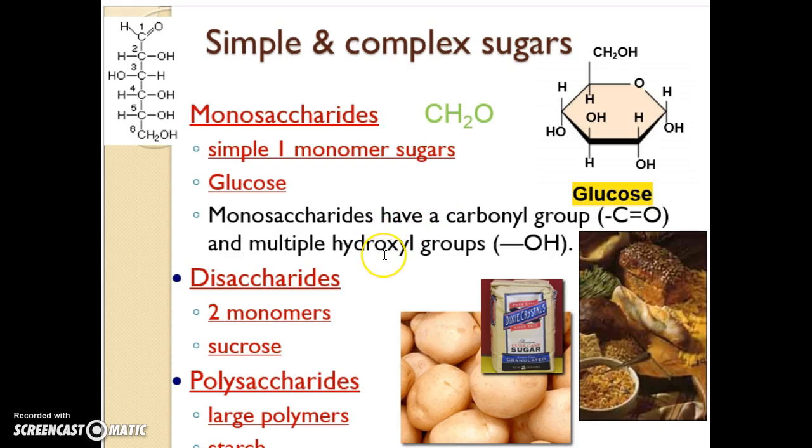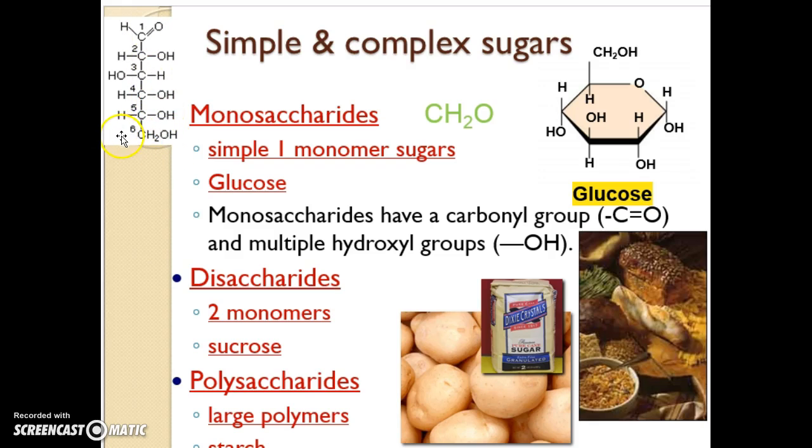There are 2 things that all monosaccharides have: a carbonyl group, so the C double bonded to an O, and multiple hydroxyl groups, or OHs. If you look at this glucose molecule, you can see how that occurs. But you may be wondering, where is the double bonded oxygen to the carbon? You only see that in the linear structure of the monosaccharide.